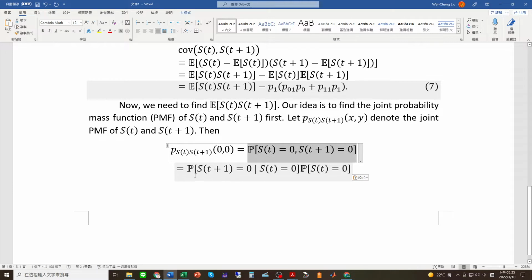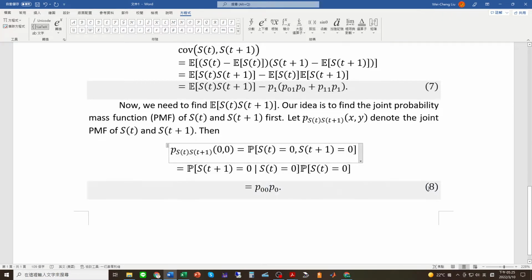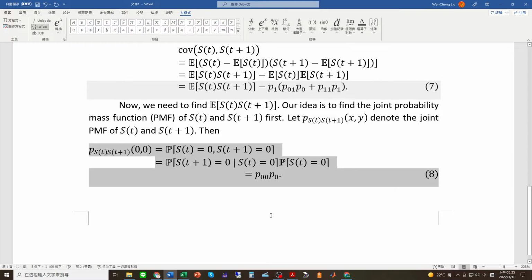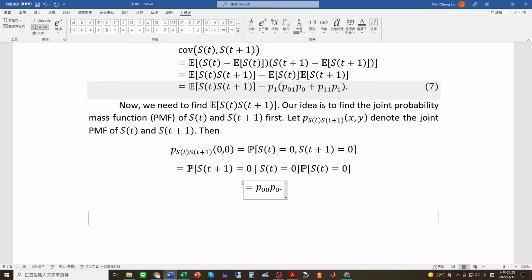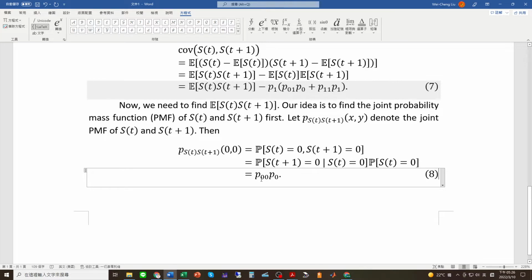This probability is equal to the probability that S_{t+1} is equal to 0, given S_t is equal to 0, times the probability that S_t is equal to 0. And this is equal to P00 times P0.